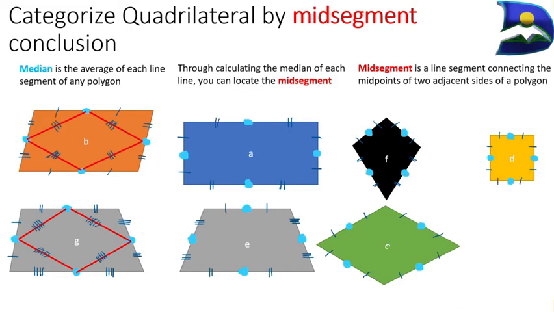So in conclusion, the inside midsegment shape formed is actually a parallelogram.